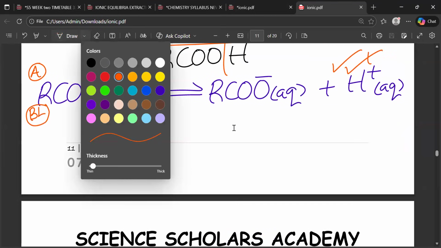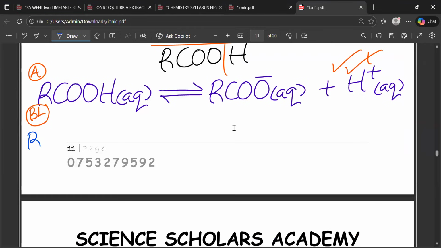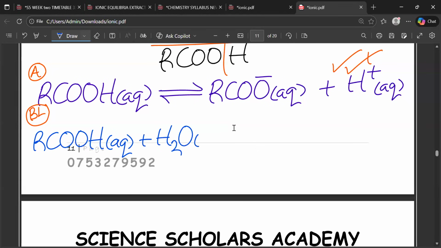Now, how will the equation be? I will have my RCOOH, aqueous. Then I'm supposed to bring my water, liquid. Partial arrows because the acid is a weak one.